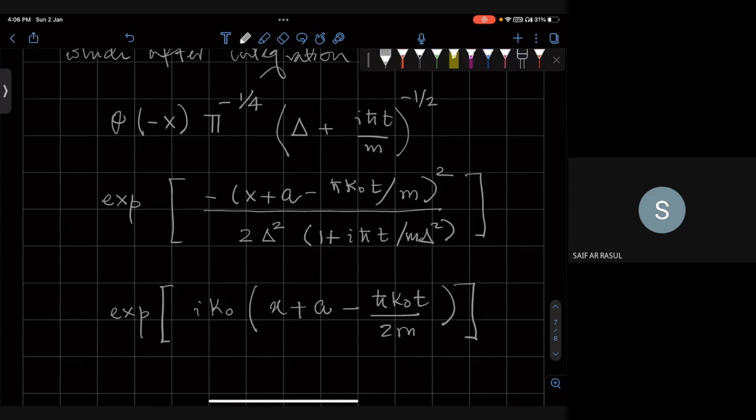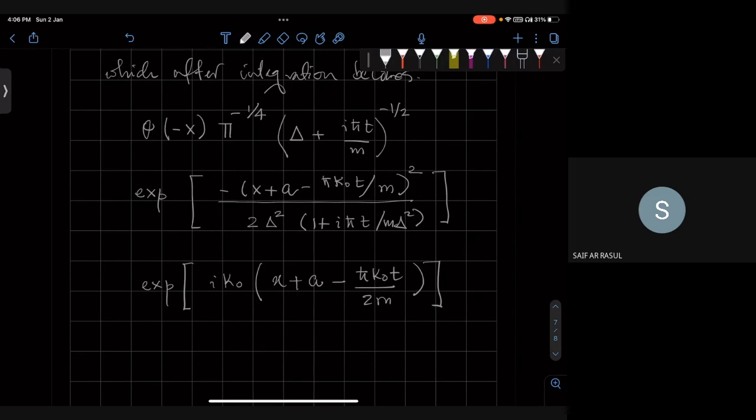Okay, and we want to write this as theta minus x, so this is separated, as a Gaussian G, which is centered at, okay, let me just write it first, minus a k0t.